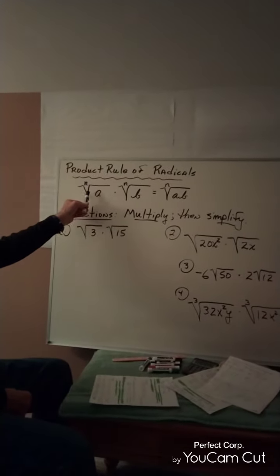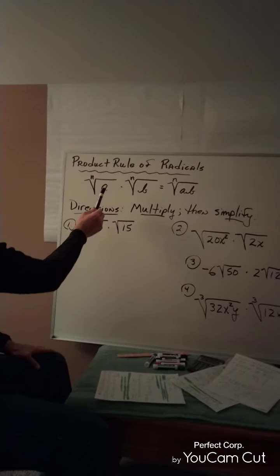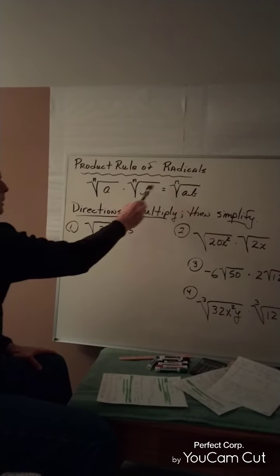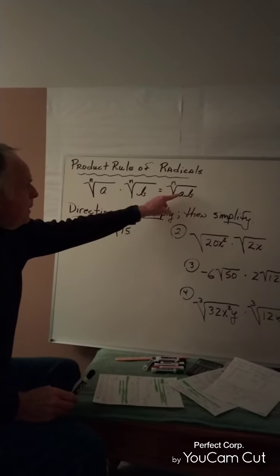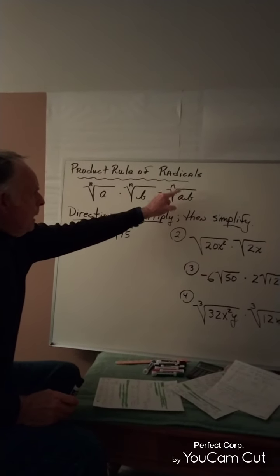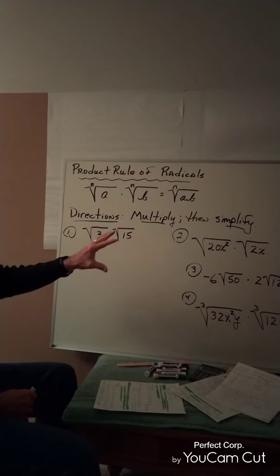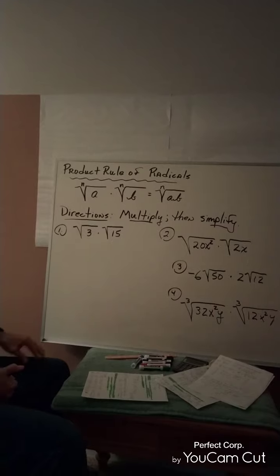Now here's that product rule. Sometimes we have to multiply first to get a single radical. And then when we get that single radical, that radical might be able to be simplified, as these 4 problems are going to show us what to do.